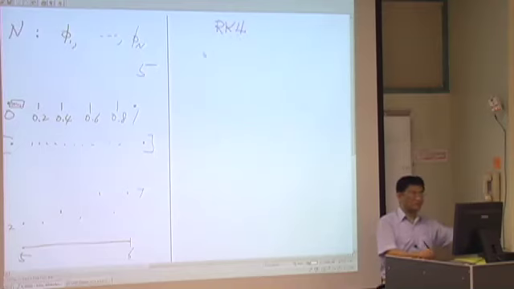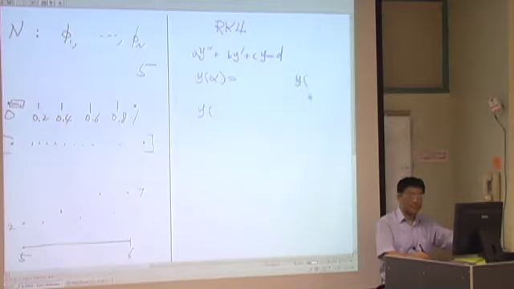So we solve this kind of differential equation using RK4. But unfortunately, what we have is this one. Y of alpha is given. Y of beta is given. Boundary, right?